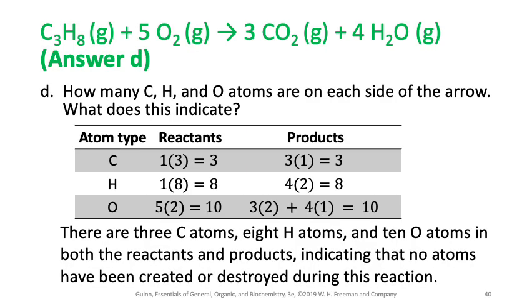And the last problem was asking how many atoms of carbon, hydrogen and oxygen you have on each side of the arrow. So let's talk about before the arrow, one element at a time. How many carbon atoms? 3 carbon atoms. Is there any more carbon before the arrow? No, we don't have it. So we have 3 carbon atoms on the reactant side. How many hydrogen atoms? 8.